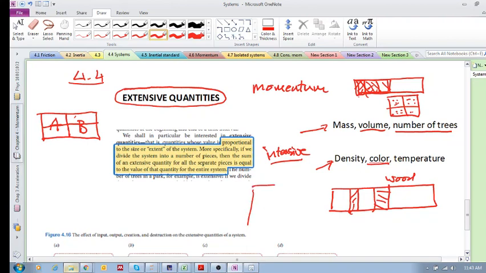If you have a wall and it's got a gray color, you can't add up the gray in this section plus the gray in that section plus the gray and the gray to give you the gray of the entire section. They are intensive properties. They are independent of the size, independent of the extent. Extensive properties are dependent on the extent.